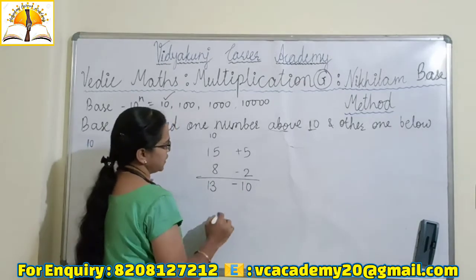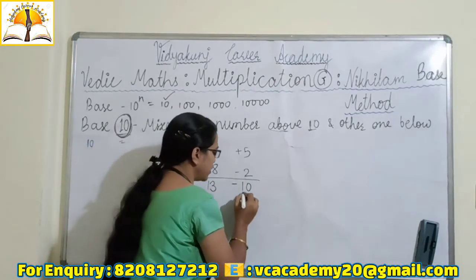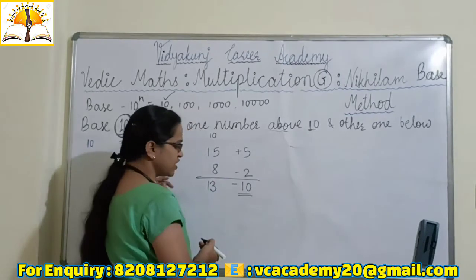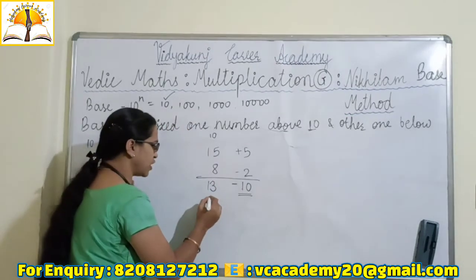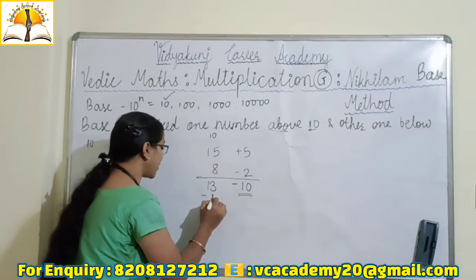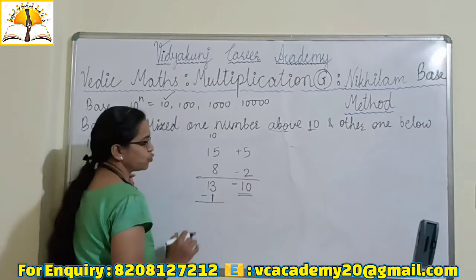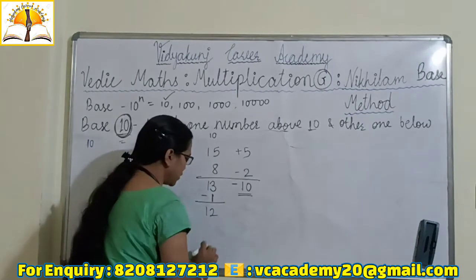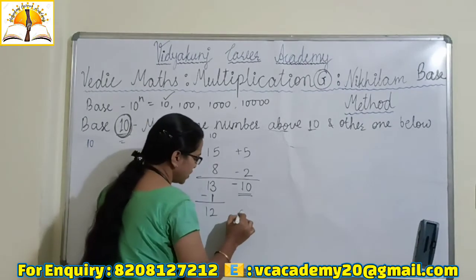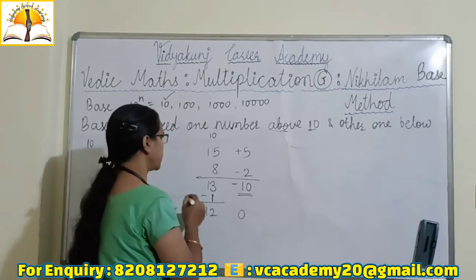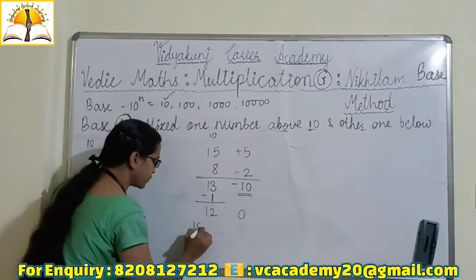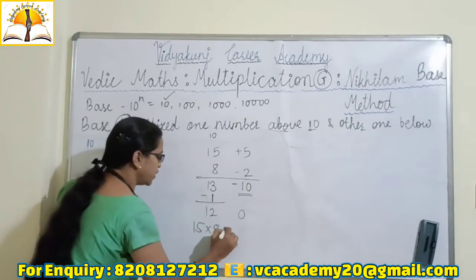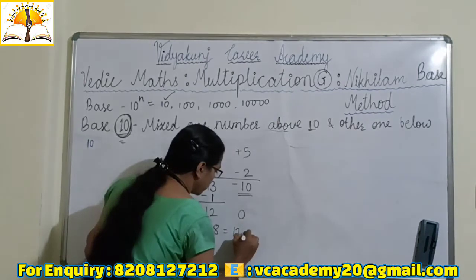Here you have to see, I always say we have to keep one digit. Not carry. As we do not carry, we have to subtract. So I have written 1, 2, then 0. What is its answer? 15 into 8 is equal to 120.